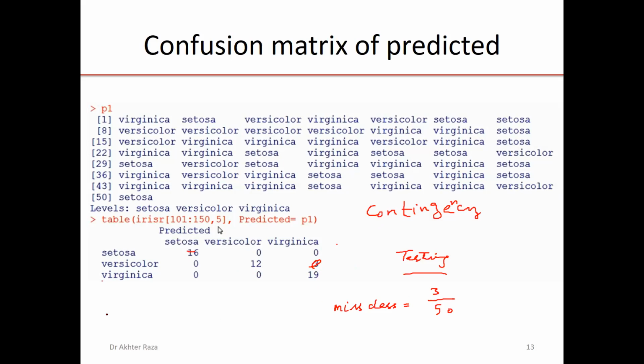And if I want to calculate the accuracy, it is equal to 1 minus 3 by 50, because 47 items were classified correctly and 3 items were classified incorrectly. So misclassification rate is 3 by 50 and accuracy is 47 by 50.